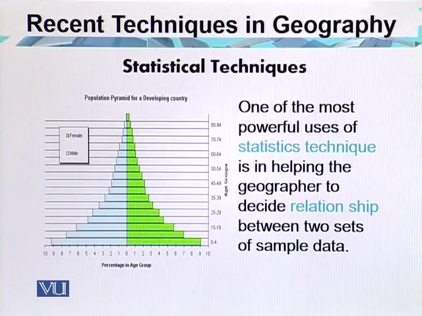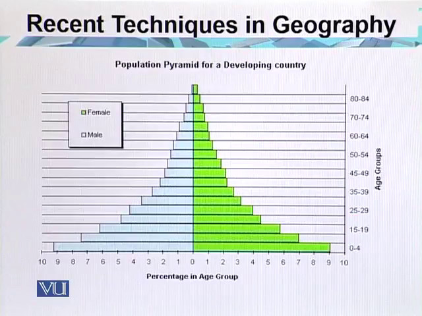One of the most powerful uses of statistical technique is in helping the geographer to decide the relationship between two sets of sample data. Now this slide shows the population pyramid of a developing country. Here we have the structure of the population, which represents not only the male-female ratio but also the age group.